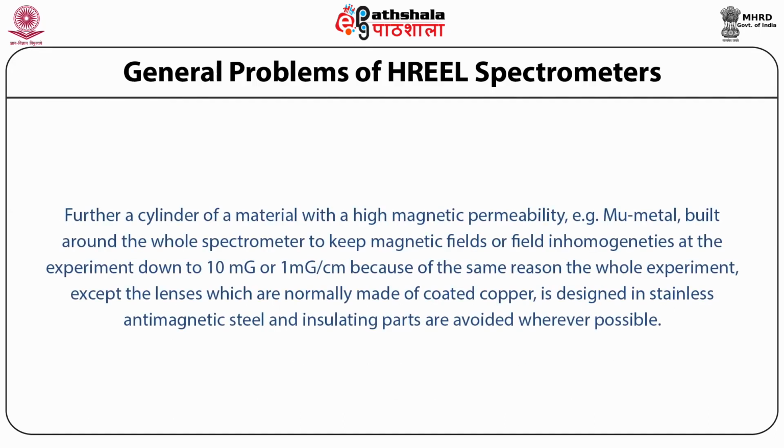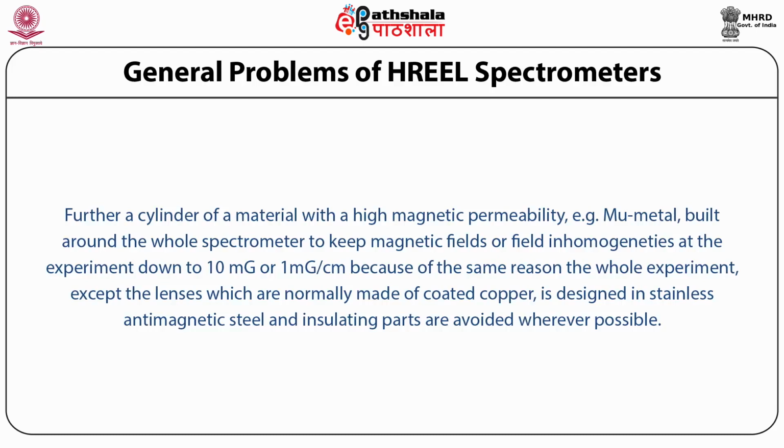Further, a cylinder of a material with a high magnetic permeability, for example Mu metal, is built around the whole spectrometer to keep magnetic fields or field inhomogeneities at the experiment down to 10 mG or 1 mG per centimeter.